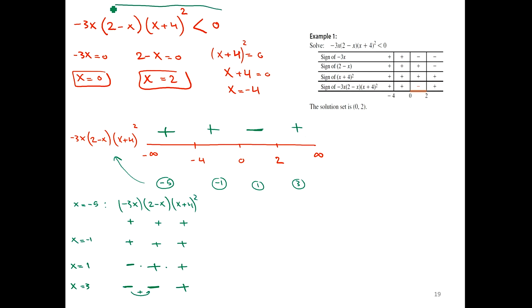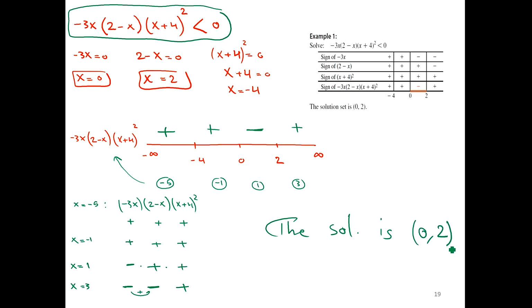Look at this example. We need to find the values of x for which the formula is negative or positive. We need the values of x that make the formula negative. So we can conclude the solution is from 0 to 2.